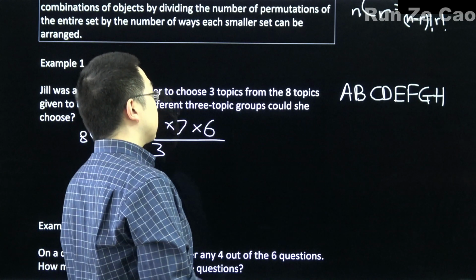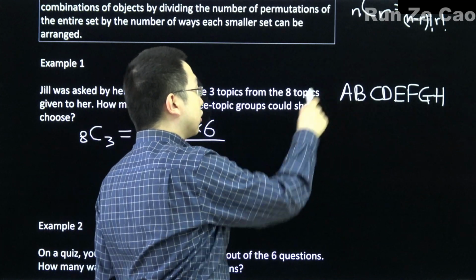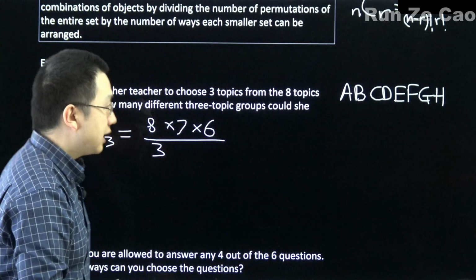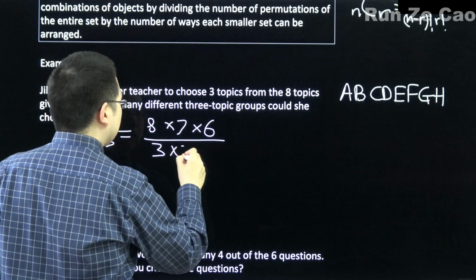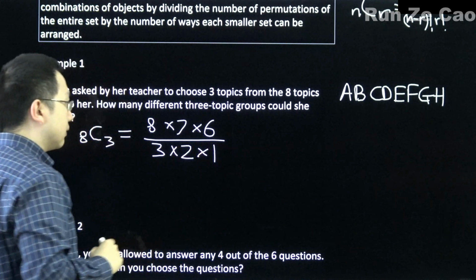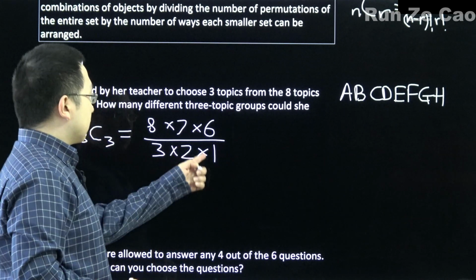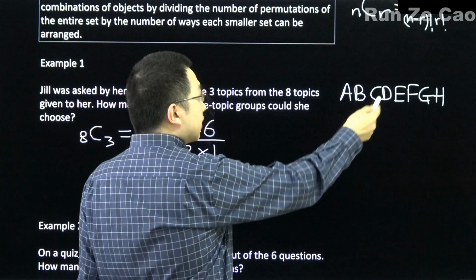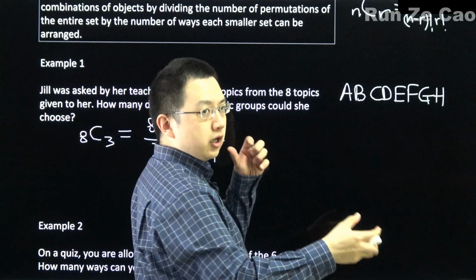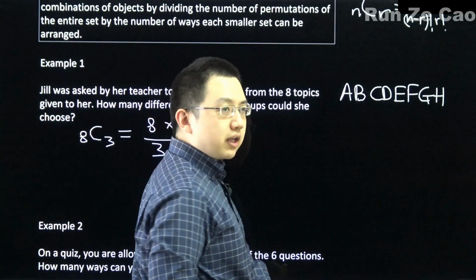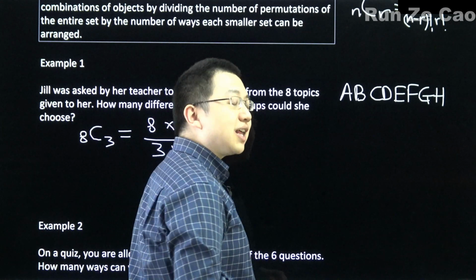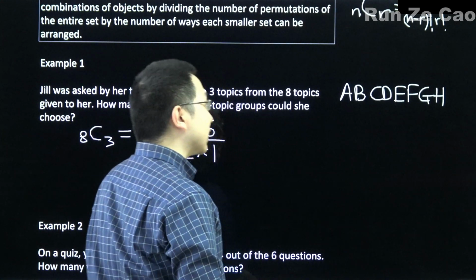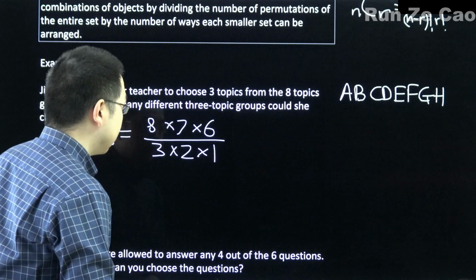There would have been 3 choices for your first one, 2 choices for your second one, and 1 choice for your third one. That's 6 ways. There are 6 ways to arrange any 3 items, if you want to pick 3, or all of them.